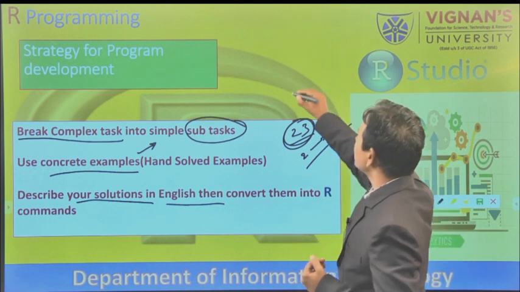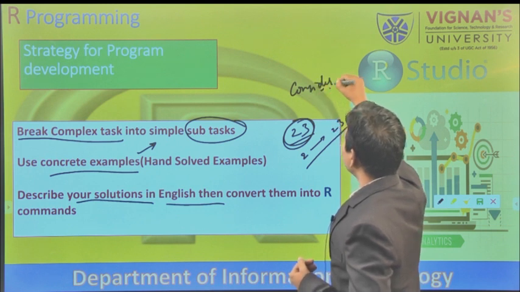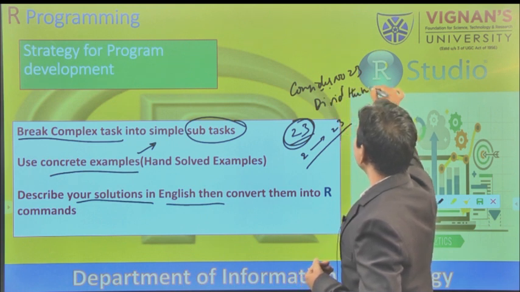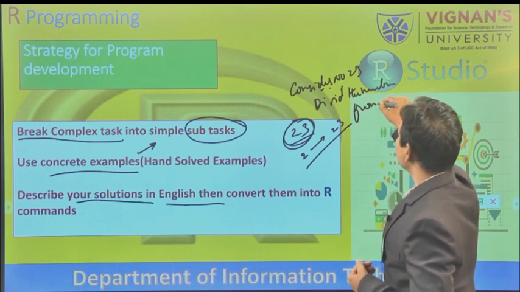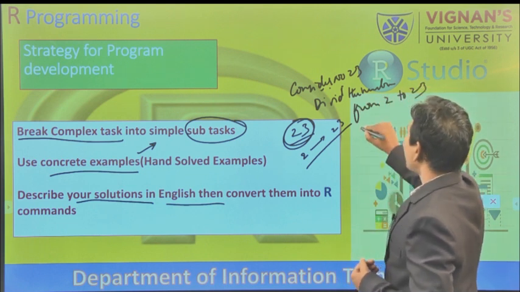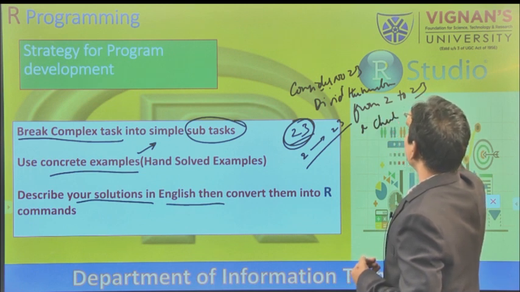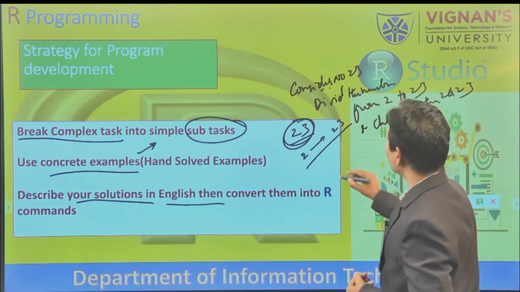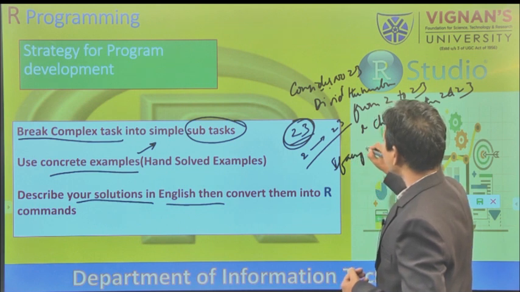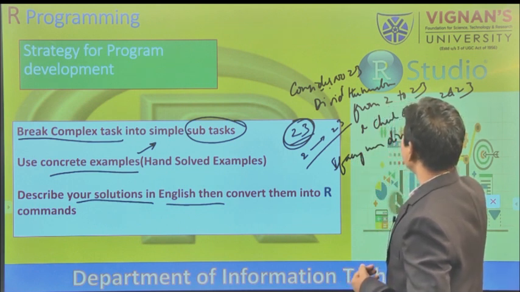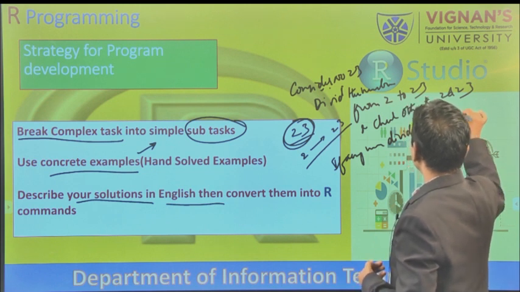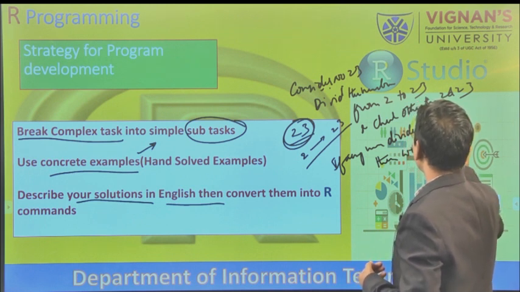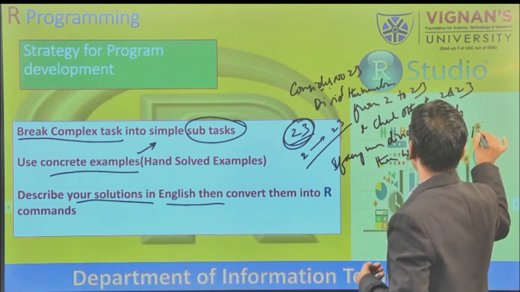For example, consider number 23 and divide it by numbers from 2 to 23, and check that other than 2 and 23, if any number divides it properly, then we can call it not prime.